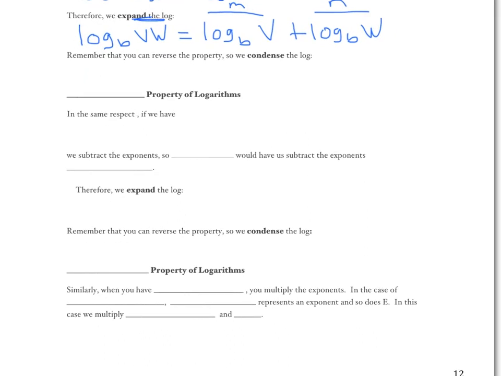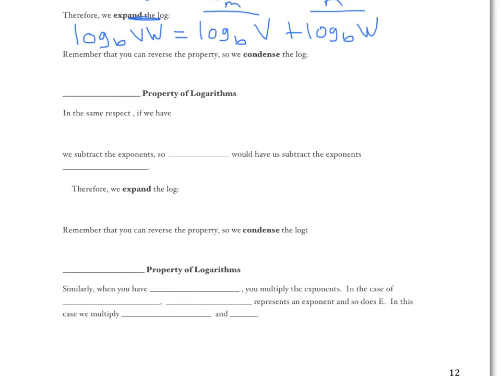Okay, so then we can remember that you can reverse the property, so we can condense the log. So if we start with log base b of v plus log base b of w, we know that we're adding one exponent to the next exponent. That must mean that we are multiplying the values together.